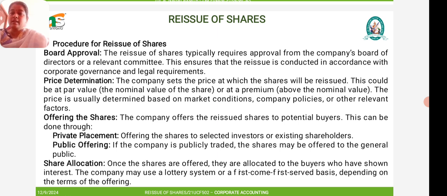Offering the shares. The company offers the reissued shares to the potential buyer. This can be done through private placement, public offering, or share allocation. Private placement means offering the shares to selective investors or existing shareholders.